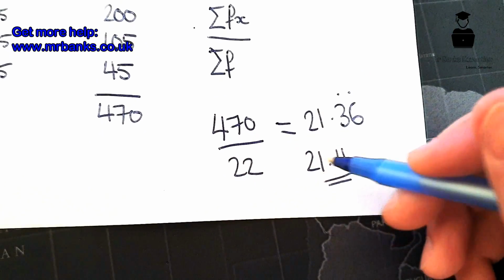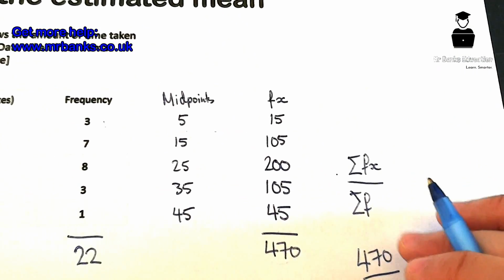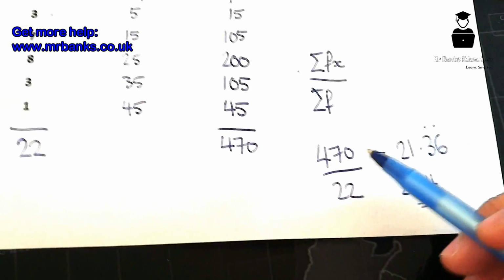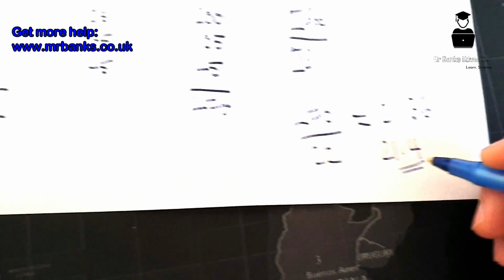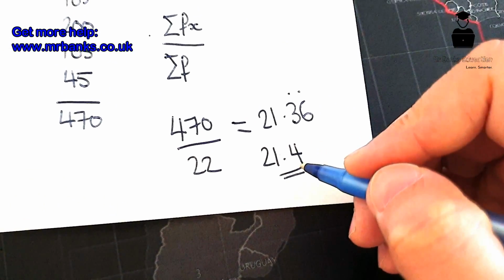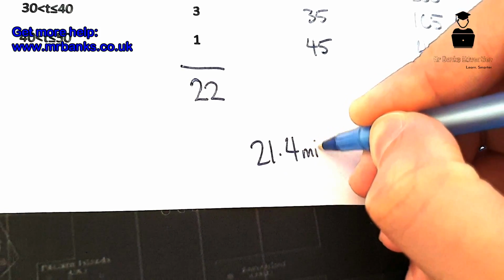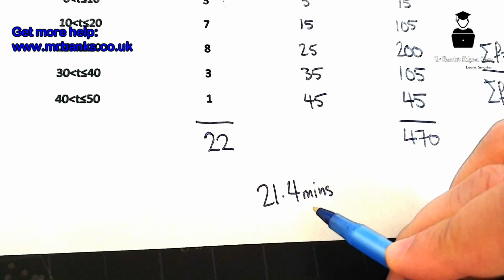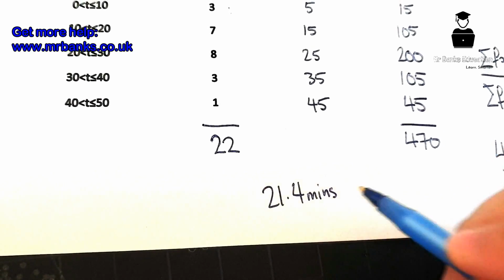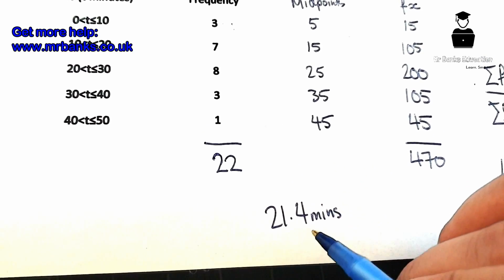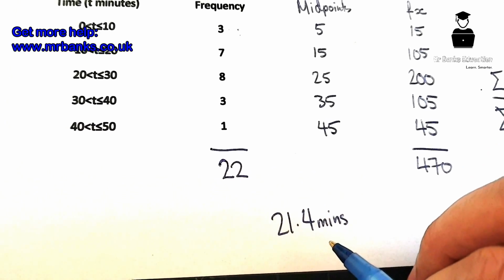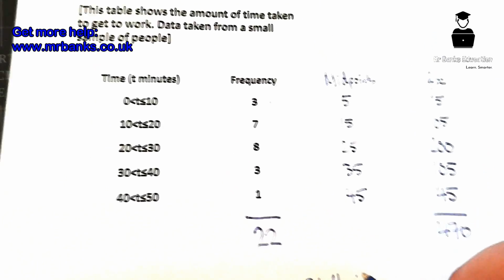Let's have a look if it makes sense. It's saying that the average amount of time, the estimated mean for the amount of time taken to get to work, is 21.4 minutes. That's what we're working this out for. Does it make sense? Always do this at the end of these questions. Have a look if it makes sense, because if it doesn't, you've probably made a mistake. 21 minutes.